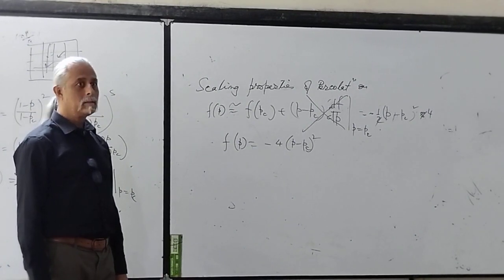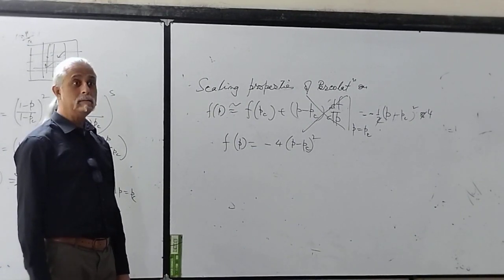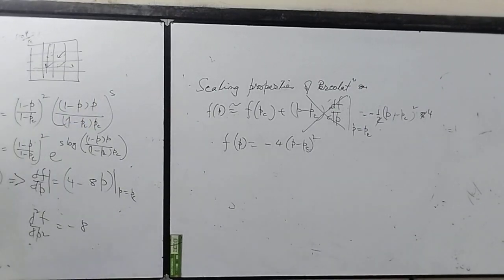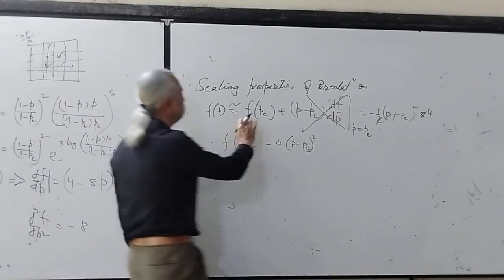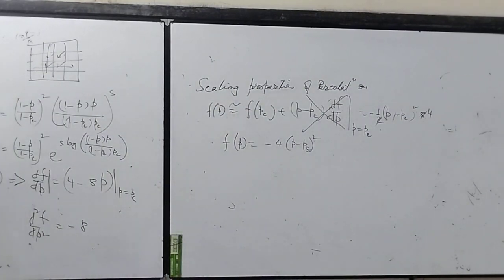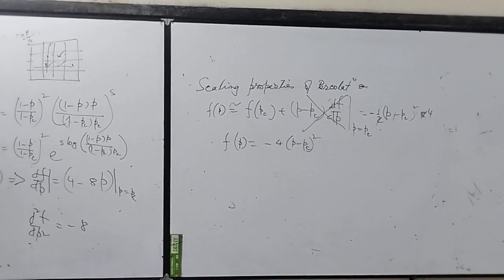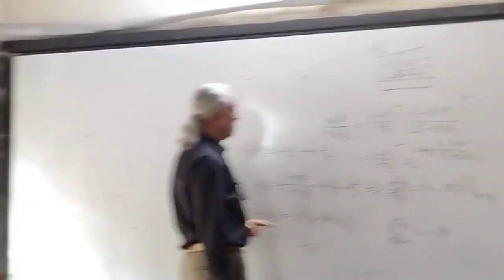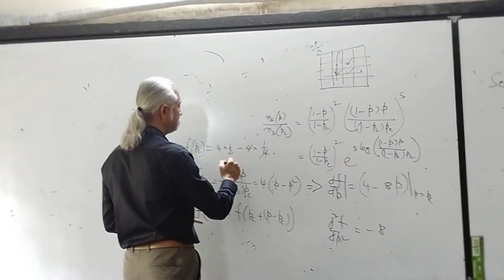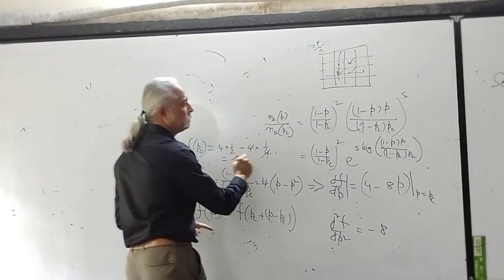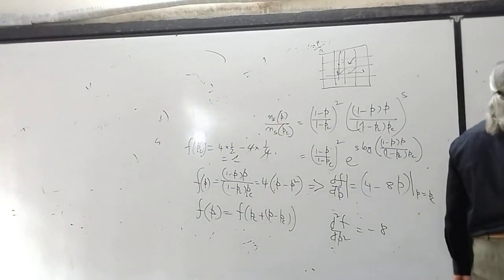It's not f of pc. না, এখন p... আচ্ছা, আরেকটা বাকি আছে, f of pc। হ্যাঁ, sure. তাহলে f of pc, good point. pc মানে half, 4p মানে 4 times half minus 4 times pc square মানে 1/4, তাহলে 4 cancel, so 1 হবে, equal to 1.